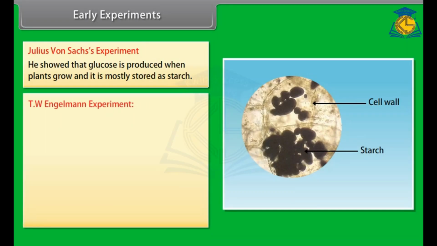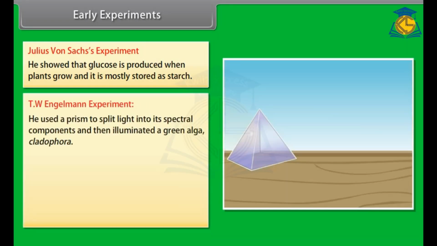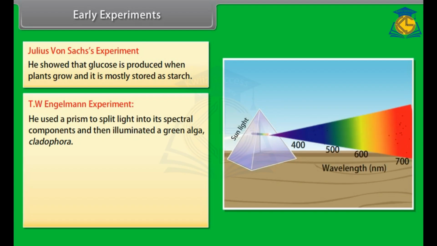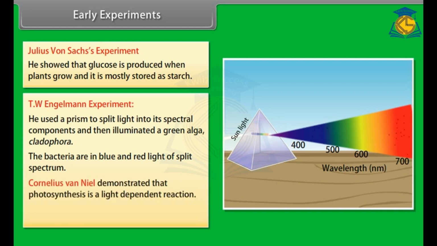T.W. Engelmann experiment. He used a prism to split light into its spectral components and then illuminated a green alga, Cladophora. The bacteria gathered in the blue and red light of the split spectrum. Cornelius van Niel demonstrated that photosynthesis is a light-dependent reaction.